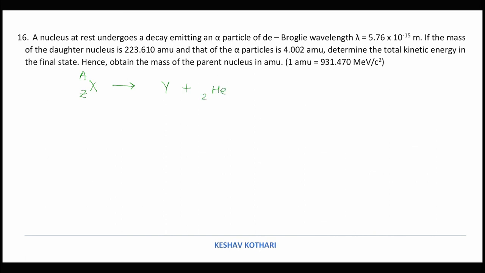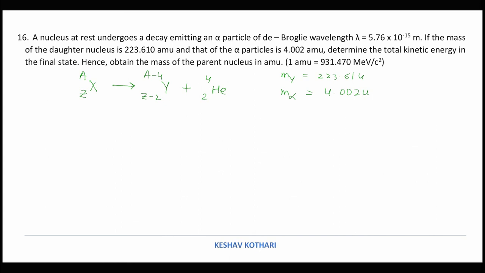So the Y that will be obtained will be having Z minus 2 and A minus 4 as atomic number and mass number. The mass of Y is given to us as 223.61 U and that of the alpha particle is given as 4.002 U.